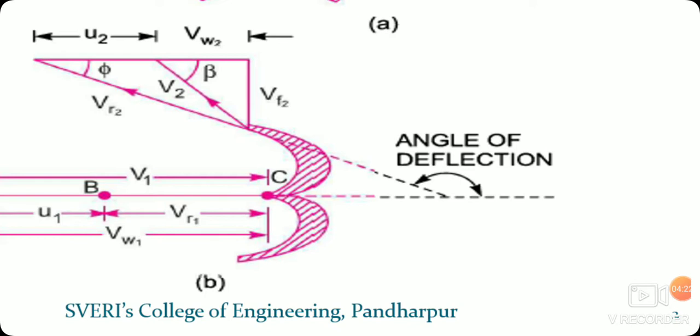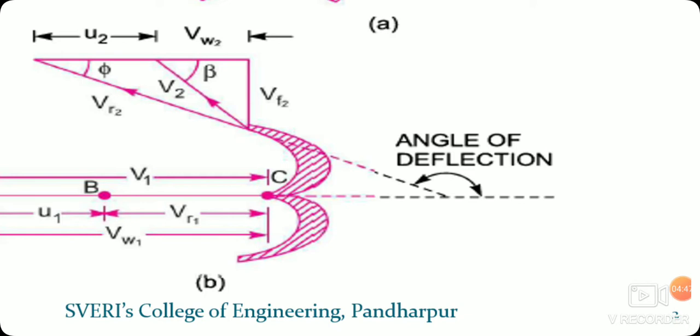This Vw2 is responsible for the whirling action of the turbine, and Vf2 is responsible for the flow of water through the turbine. So this is Vf2, this is Vw2, this is V2, and the angle V2 makes with the tangential direction, that is the U2 direction, is called beta.